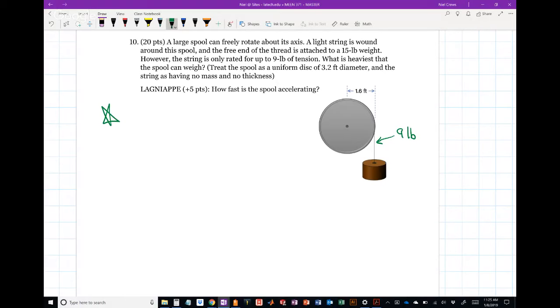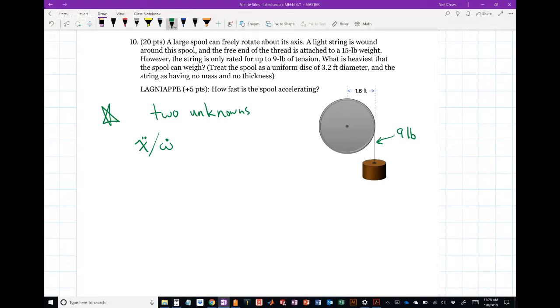So we need to know that tension is going to be 9 pounds. And the way that we're going to solve this is, well, we've got two unknowns, don't we? Those two unknowns are this x double dot, if we're talking about the acceleration of this mass, or this omega dot if we're talking about the acceleration of this spool.